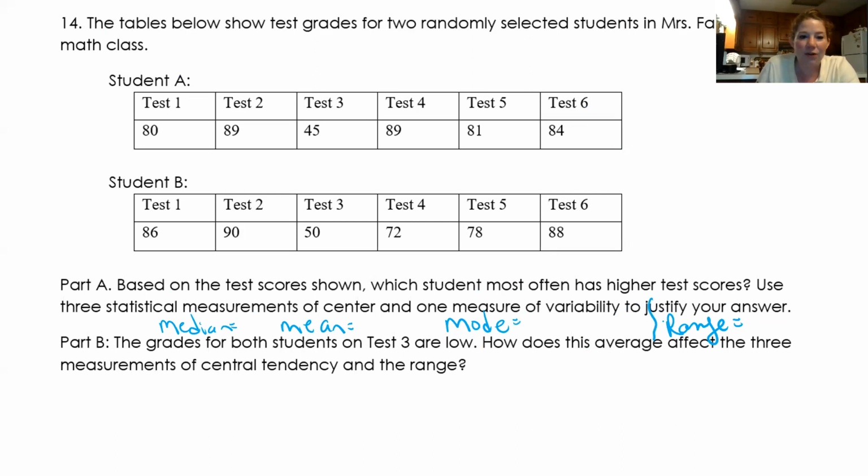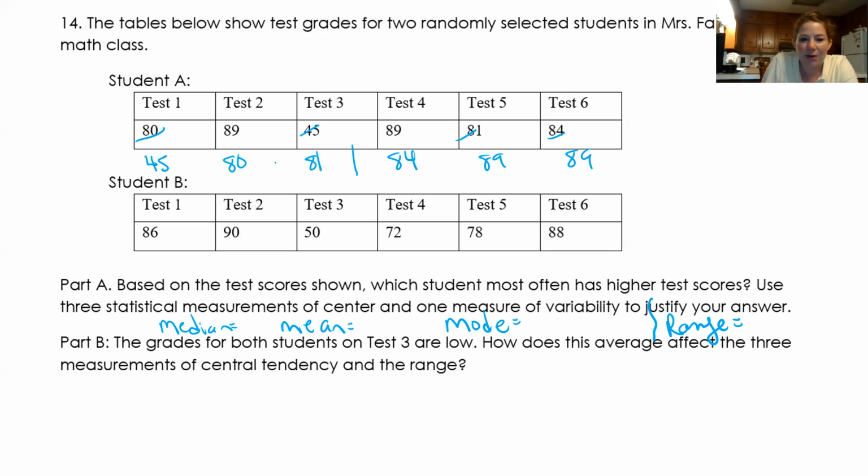All right, so if I put these numbers in order, I would have 45, 80, 81, 84, 89, and 89. So our middle number is between the third and fourth, halfway between 81 and 84.